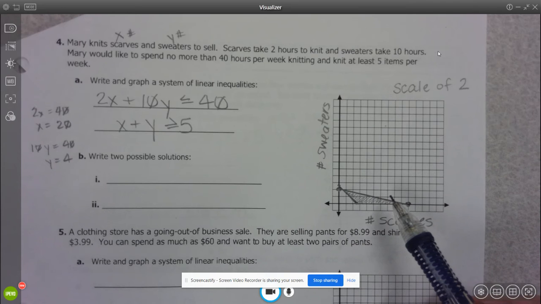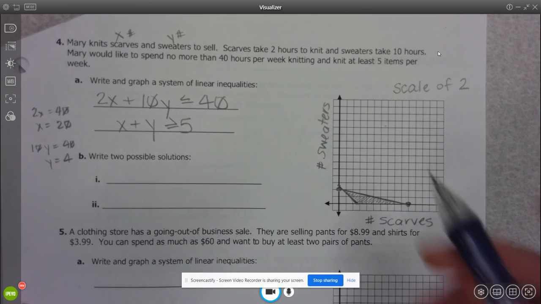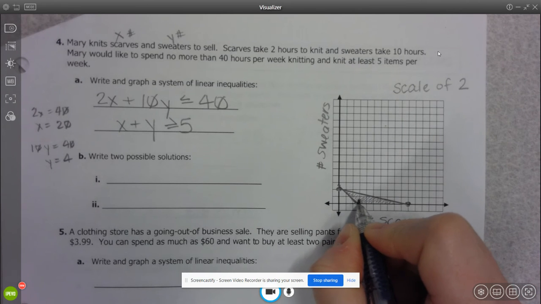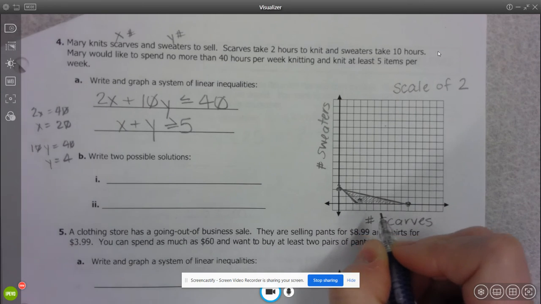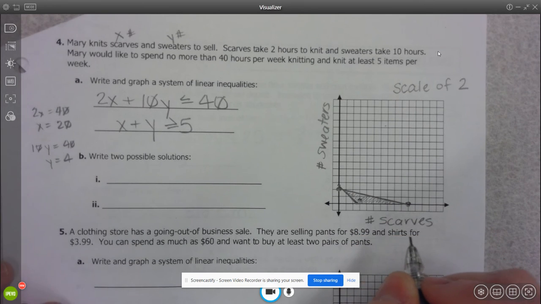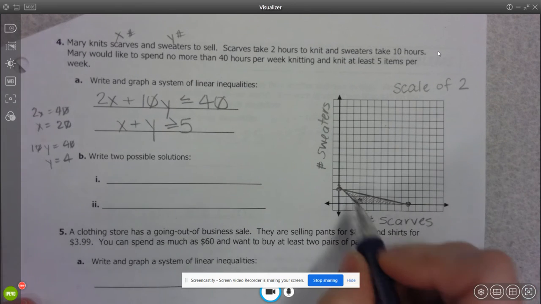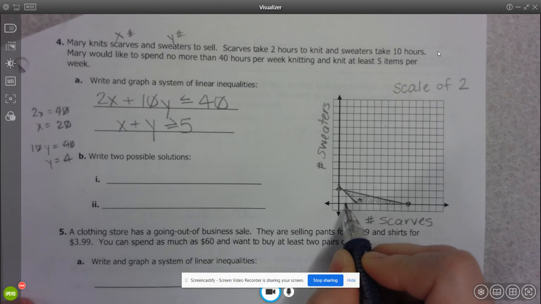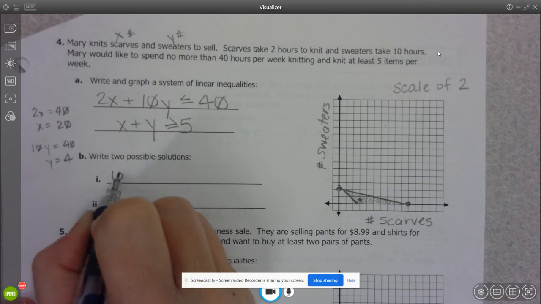Now again, if that's too small for you to deal with, it is okay to make a bigger graph. But I'm going to go ahead and show you, even though I counted by twos, I can still be accurate with my halfway points. So this is 2, 4, 6 scarves.